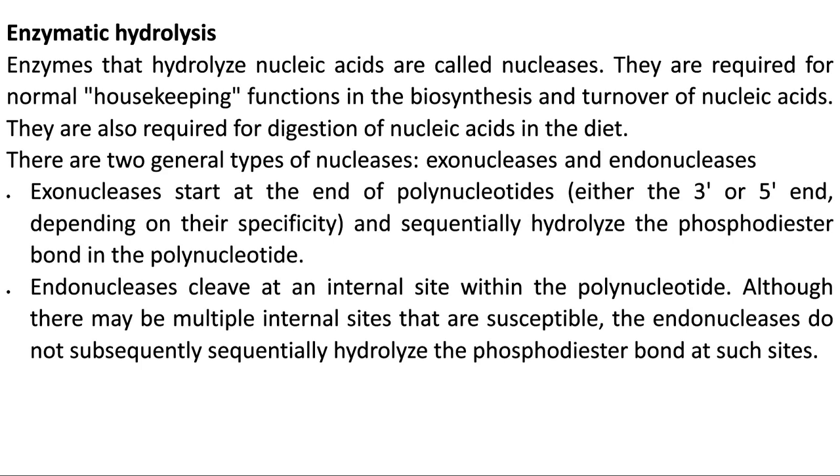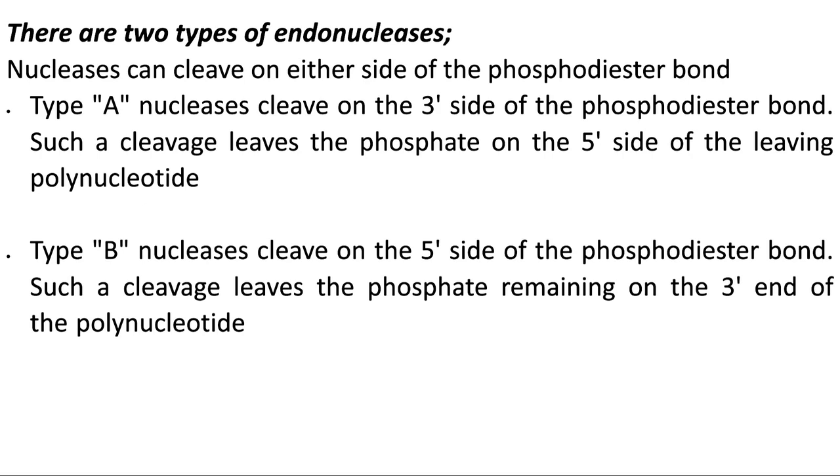Remember, exonucleases do it sequentially. After the first one, it will now remove the second one, and so on, depending on where it is coming from. But endonucleases break internally, and therefore it does not consider the sequence that is breaking, even though it must see a particular sequence to recognize where it's going to bind before the cutting.